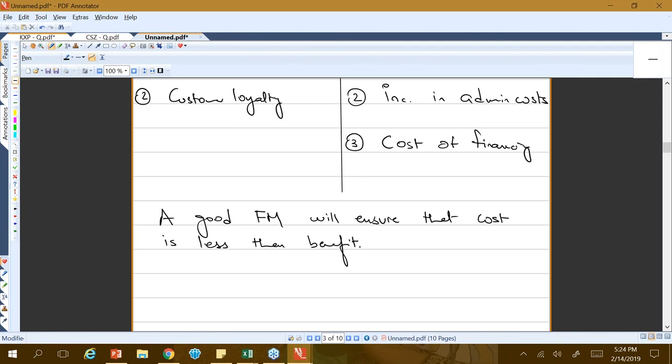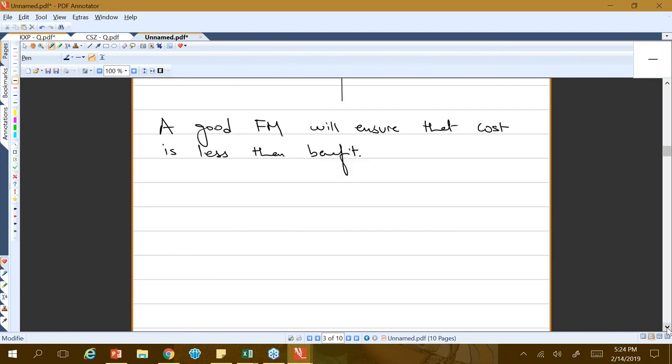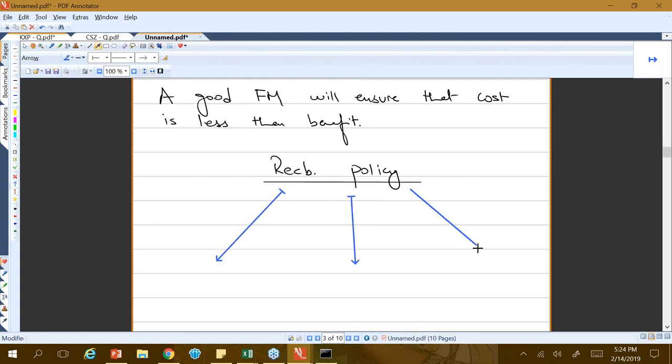Okay, so this is what we need to know for now as a quick revision series on receivables. Of course, we will go into a question and do more. One last thing before we go into the next part is a requirement which sometimes asks us on receivables policy, how we should design a good receivables policy. Well, a good receivables policy has got three elements.